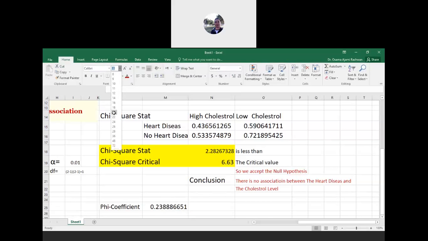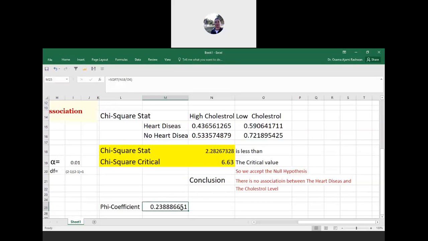Okay, so this value doesn't give us anything unless we have a mistake in this calculation. This is how to use the chi-square test for association using Excel. If you have any question, please ask.